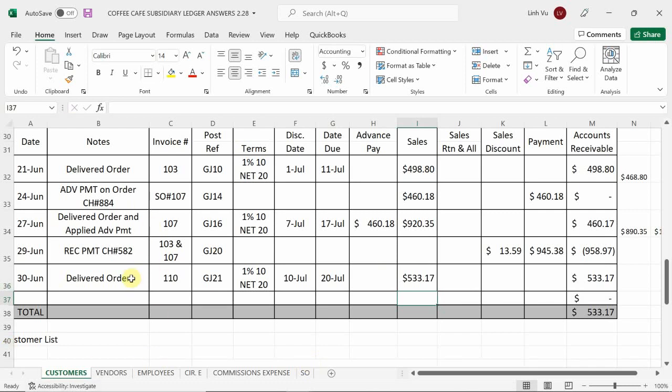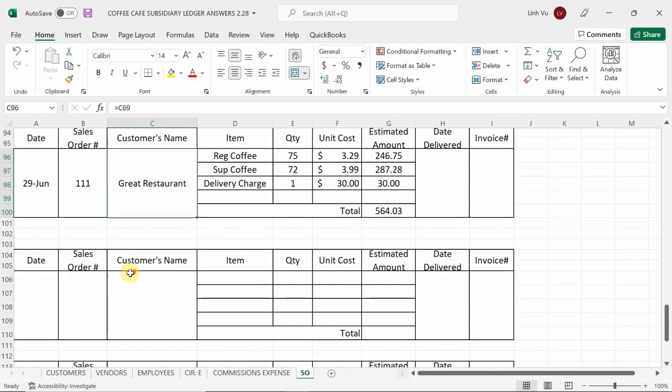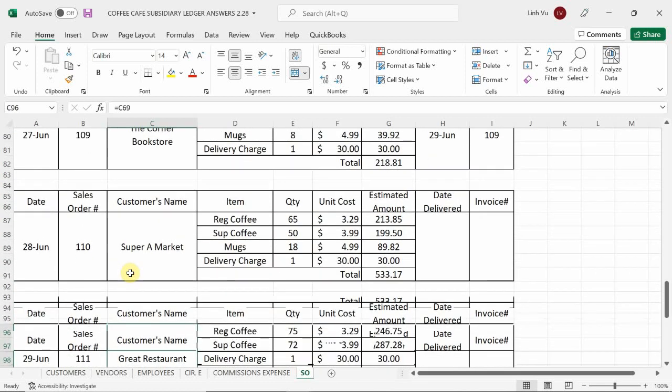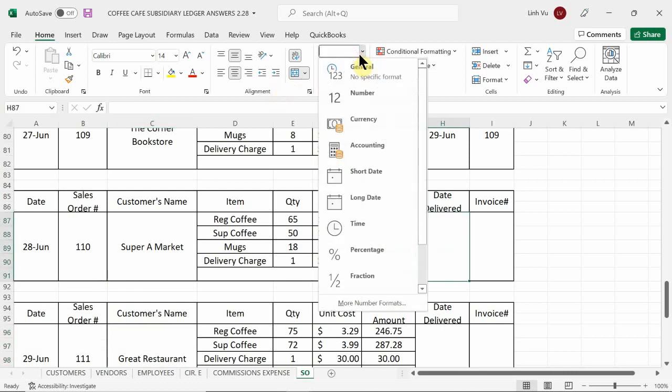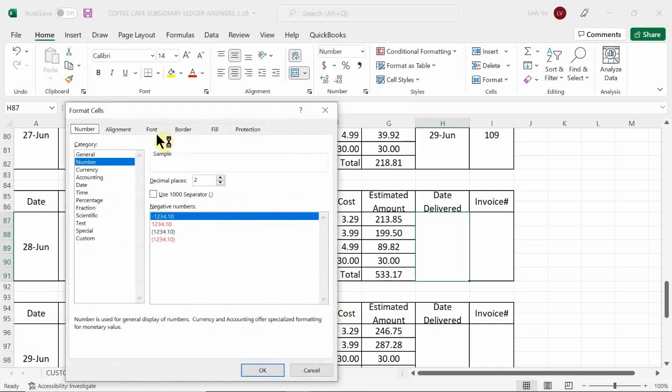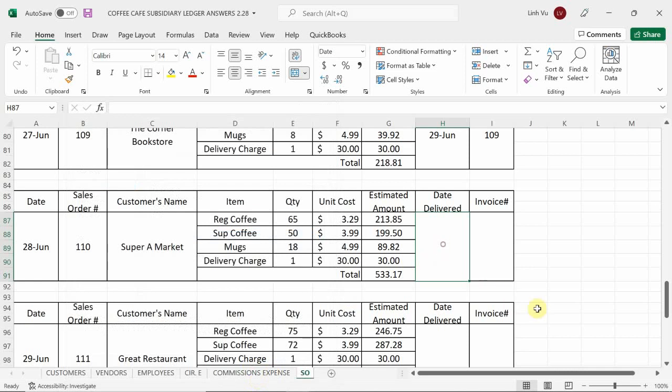Because we delivered the coffee, we need to also check mark that we have delivered to Super A Market. Super A Market for the $533.17 is right here. Let's plug in the date here. Today is the 30th, and we issued invoice number 110.